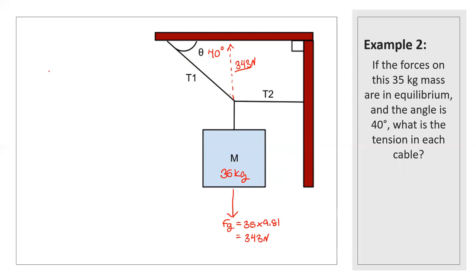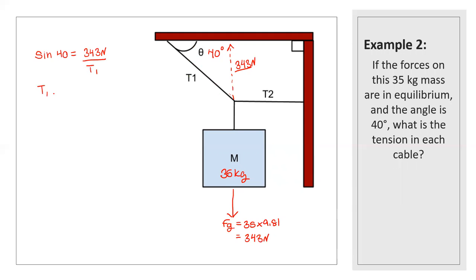So we now know that the upward force that this cable supports is 343 newtons, and that's at 40 degrees, so we can actually calculate tension 1. Just think about your triangle map. This is opposite, so the sine of 40 is equal to the opposite side, 343 newtons, divided by the hypotenuse, tension 1.